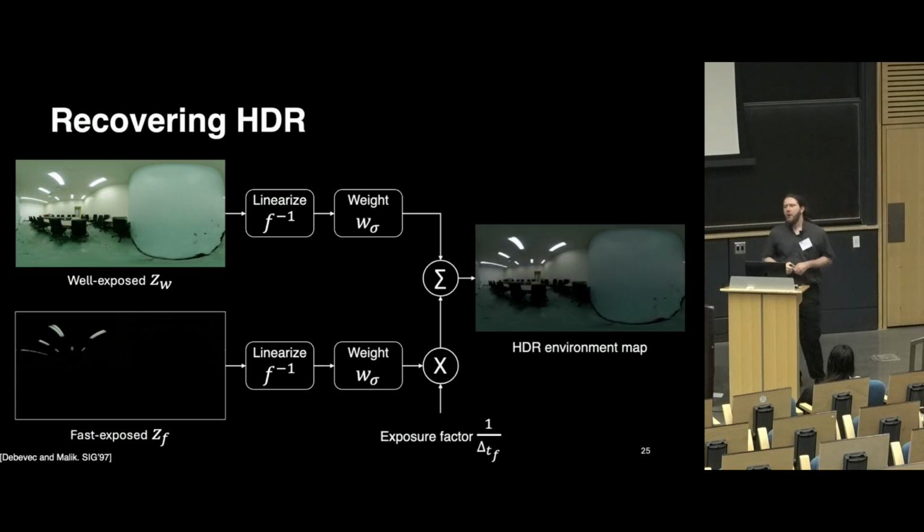This is just a visibility mask saying that all the observations that are valid are 1 and everything that is saturated is 0. That's the weight here. And the fast exposure, we multiply it by the exposure factor, so it gets much brighter. We sum those together, and we get an HDR environment map.